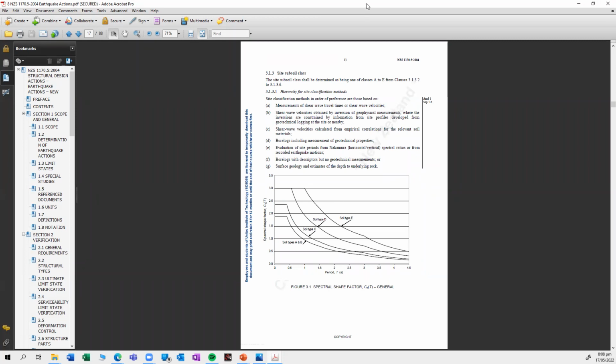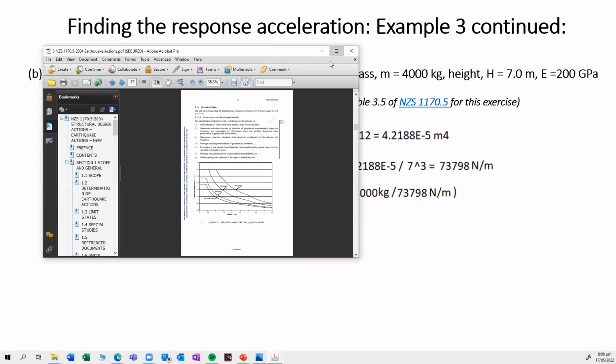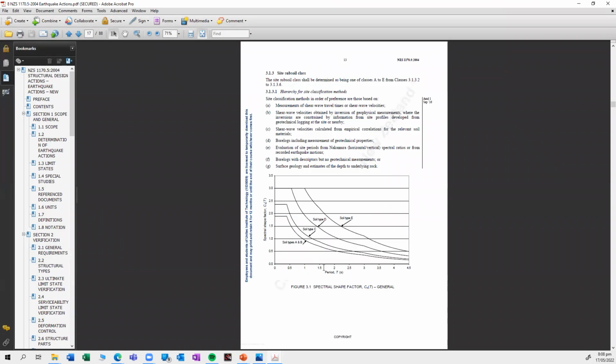So we've got a spectral shape factor for 1.463 seconds for soil type C, and I get about 0.85. So CH is 0.85.